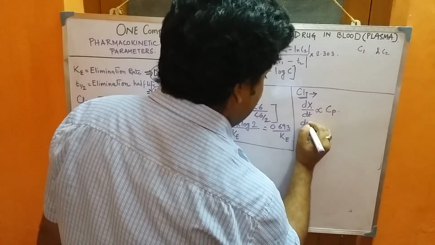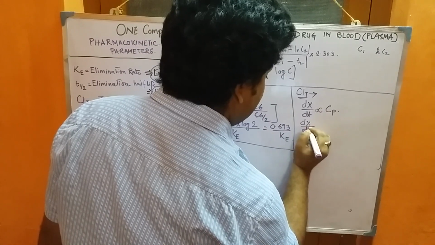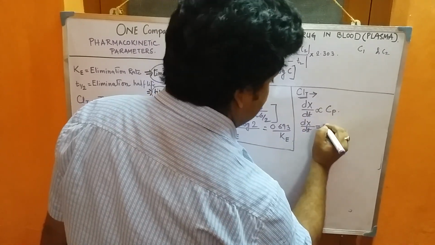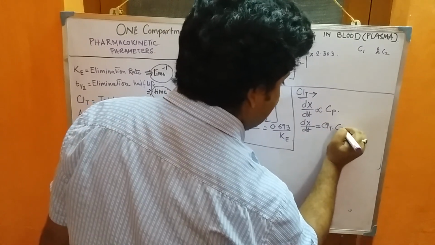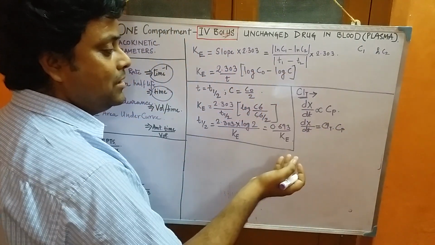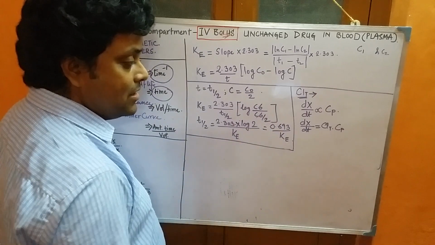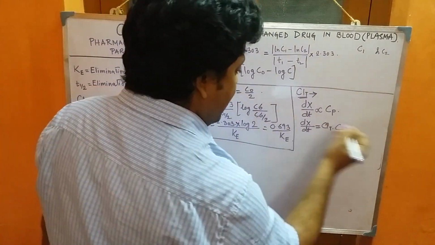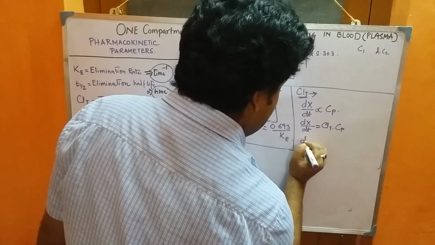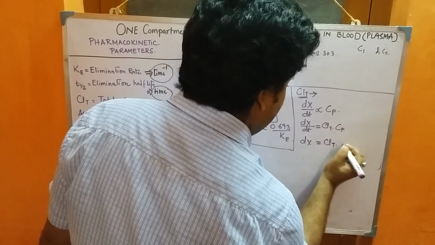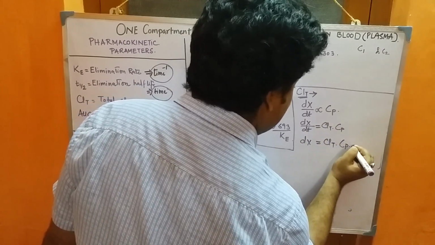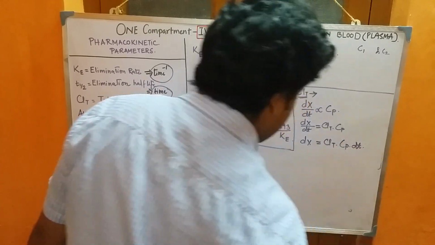So this can be written as dx by dt equals CLT Cp, where CLT is the proportionality constant, that is the total clearance constant. We can rearrange this equation: dx equals total clearance Cp into dt.